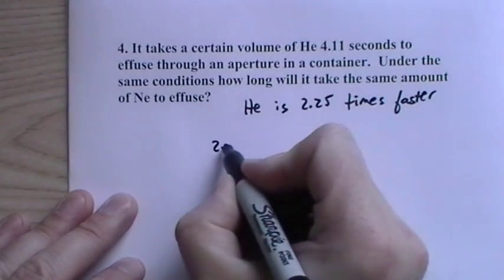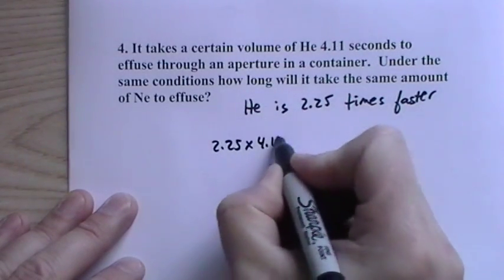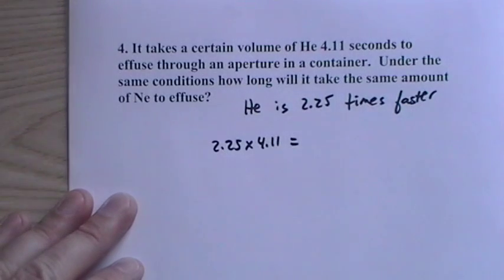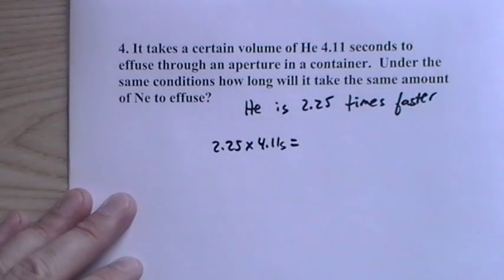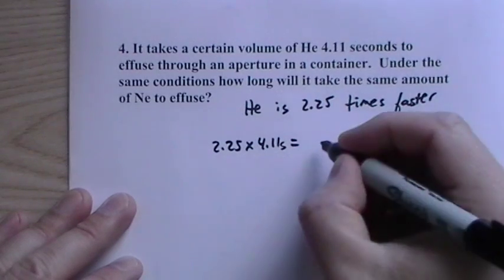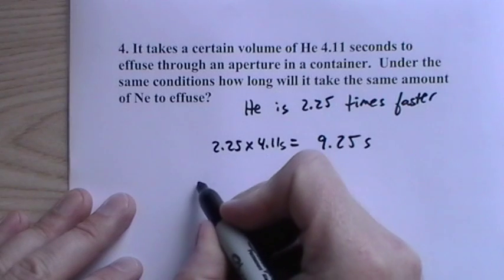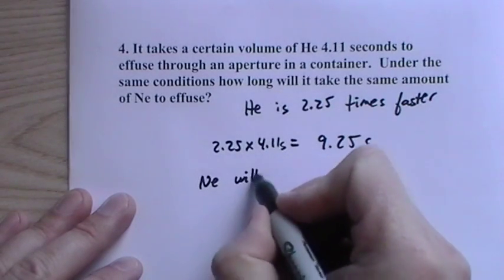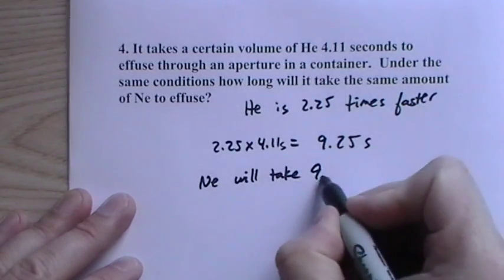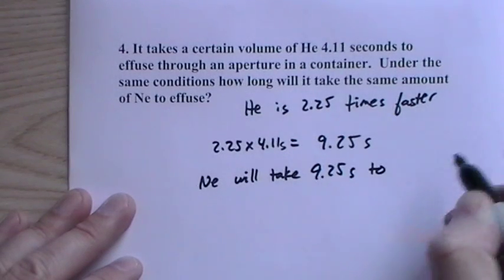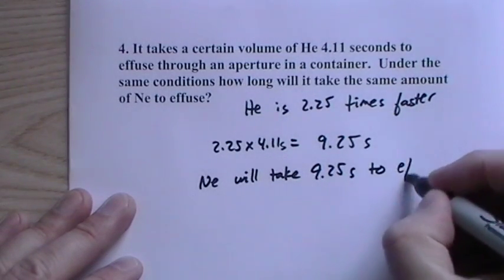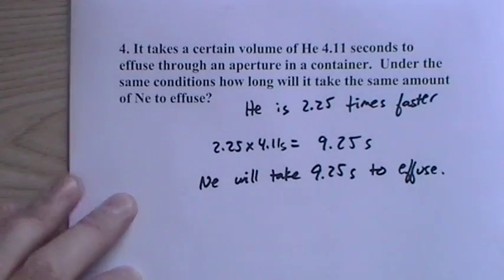So if we take 2.25 times 4.11 seconds, that gives us 9.25 seconds. So neon will take 9.25 seconds to effuse under the same conditions.